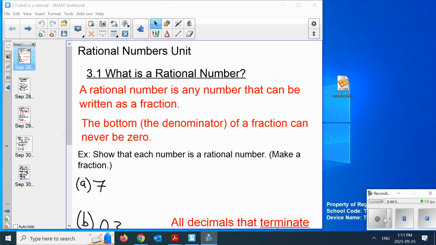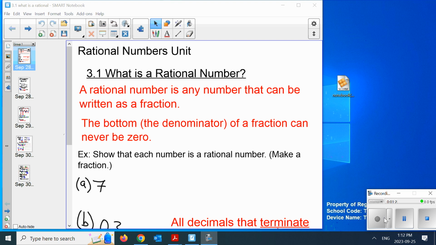Show that each number is a rational number, and we're going to work through some of these together. The first one, 7, is not a fraction the way it's written, but you can make it a fraction. The easiest way to make any whole number a fraction is to divide by 1. Any fraction can be thought of as a division problem. You can put it into your calculator or do it in your head.